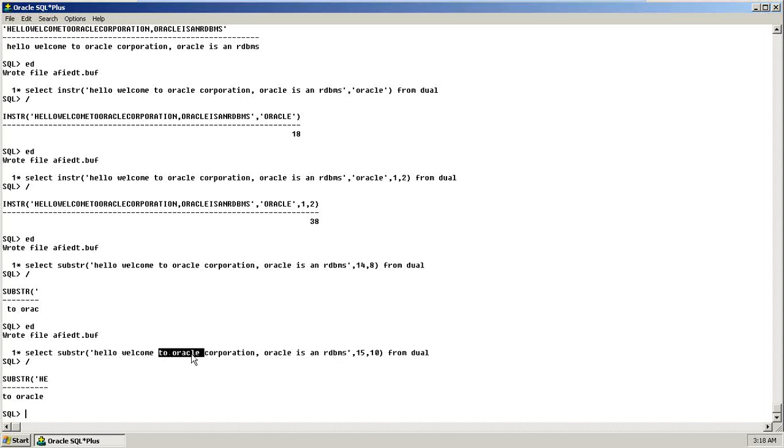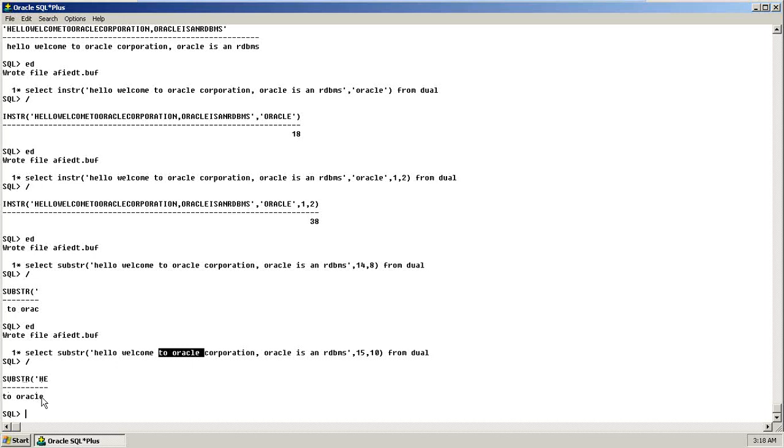It is searching for the string like this. It is giving you a substring, a string within the string, right? It is selecting the string within the string as we specified the starting position and length. Then it gives you the string. Got it? This is the SUBSTR function, the substring function.